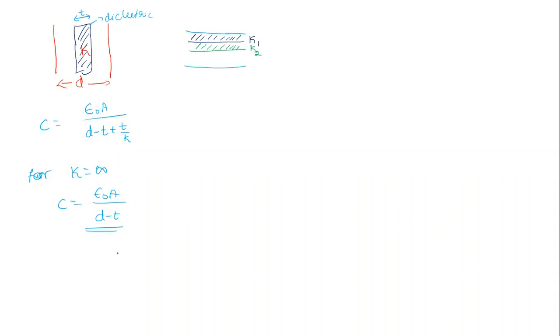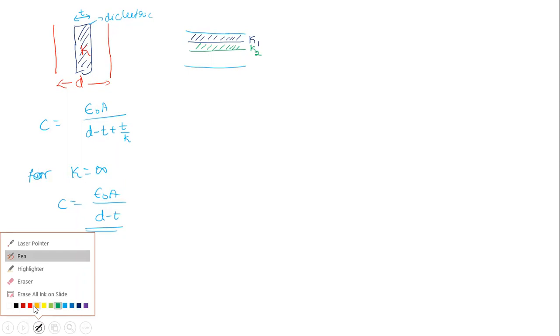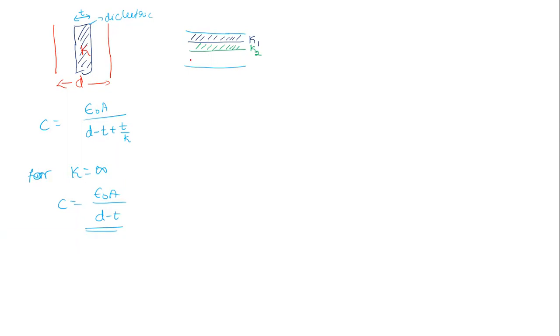Sir, what if I fill a third portion like this with a different dielectric constant, let's say K3, and it is continued, with thicknesses T1, T2 and T3, till we reach the plate.